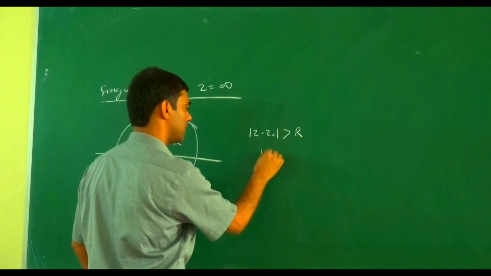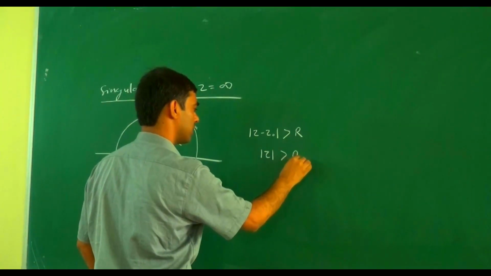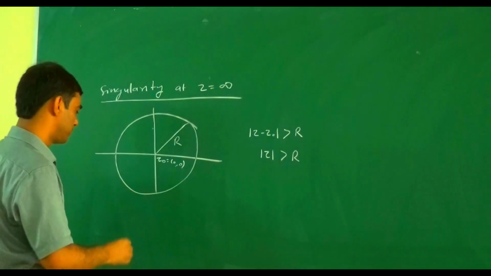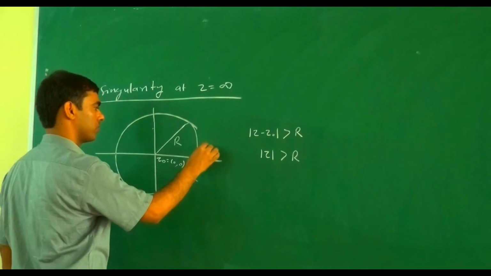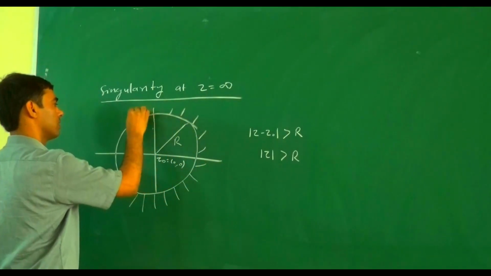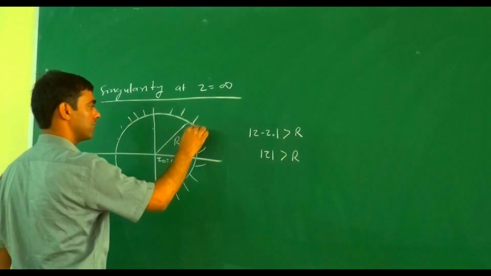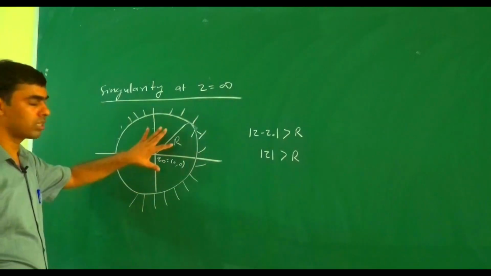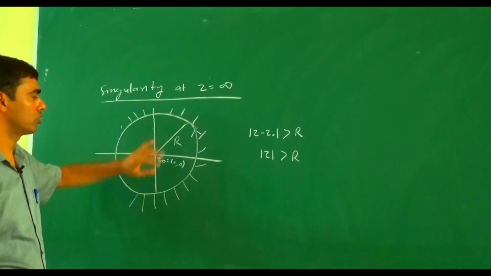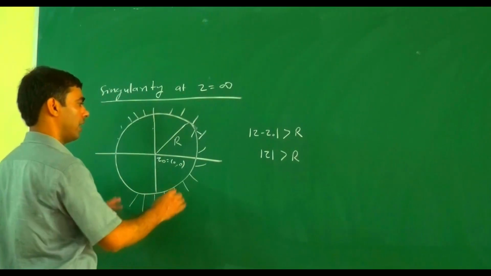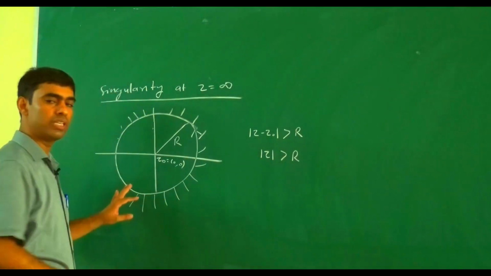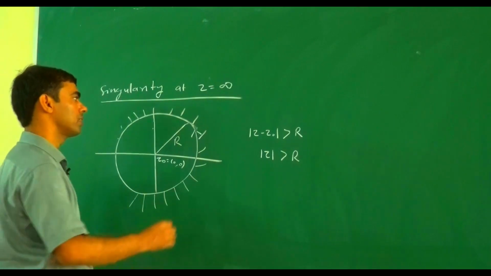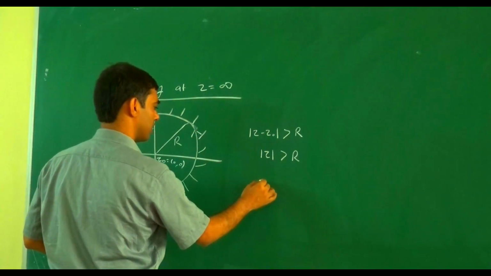Then mod of z is greater than R, where C encloses all the singular points, and for mod of z greater than R there is no other singular point except z equal infinity.